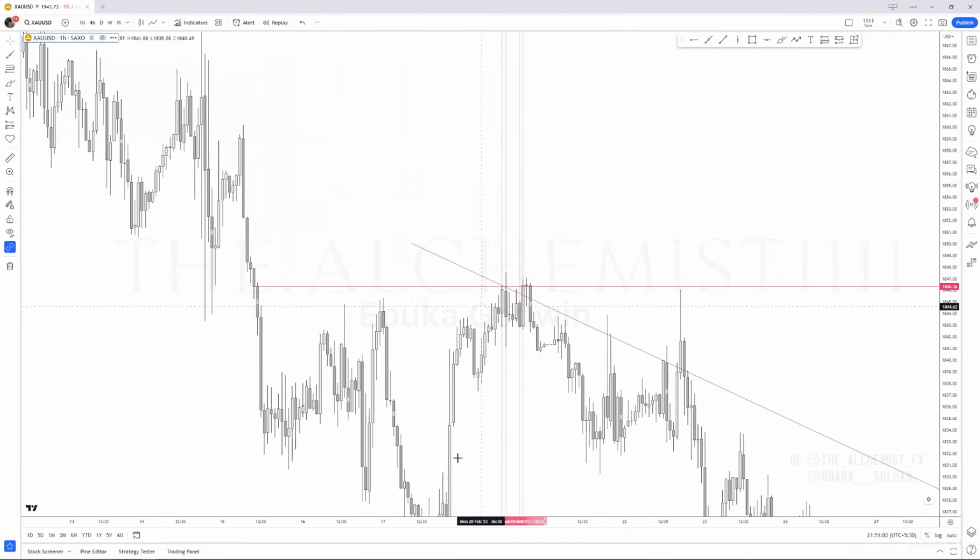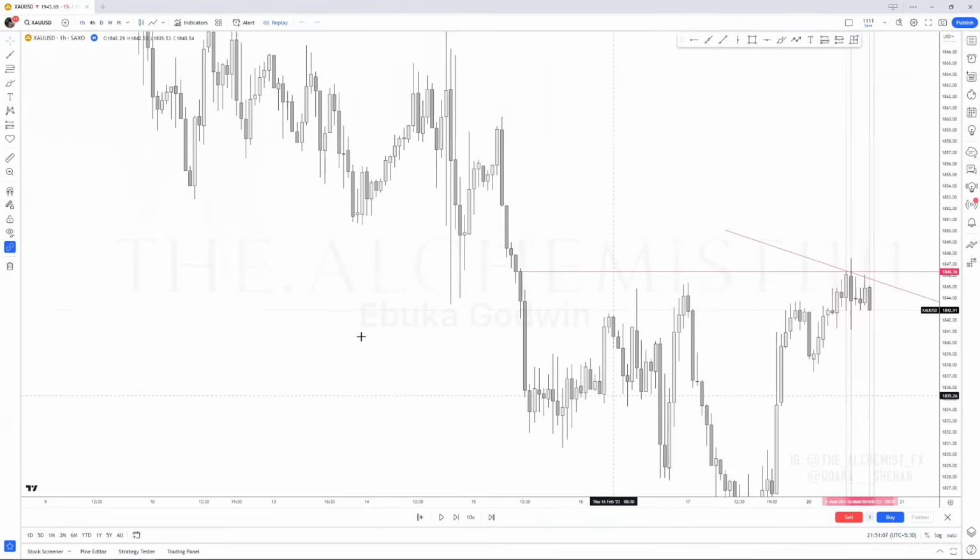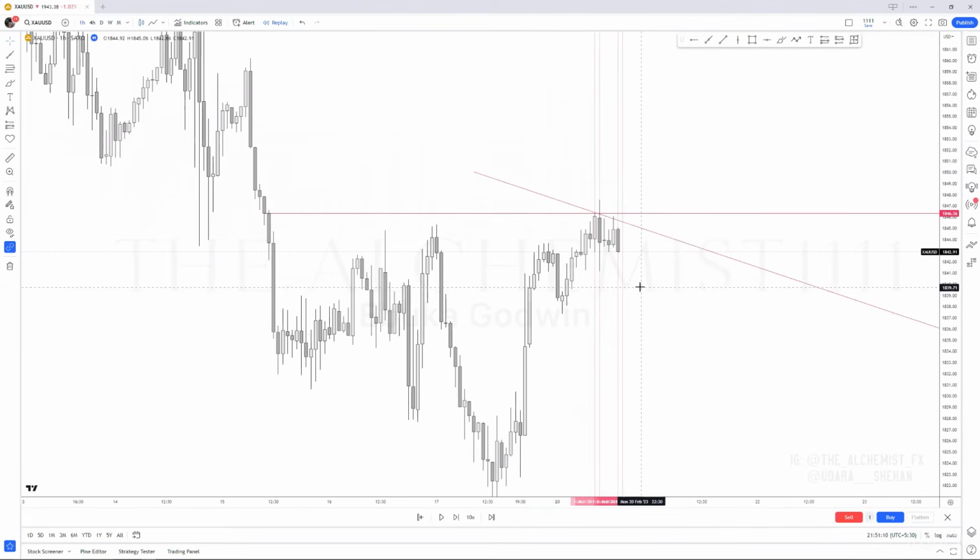If I put the replay tool here, this is how it should look. When you keep doing this, you will see that the best moves, the reversals, the continuations, the best setups are always played out at this time of the day.